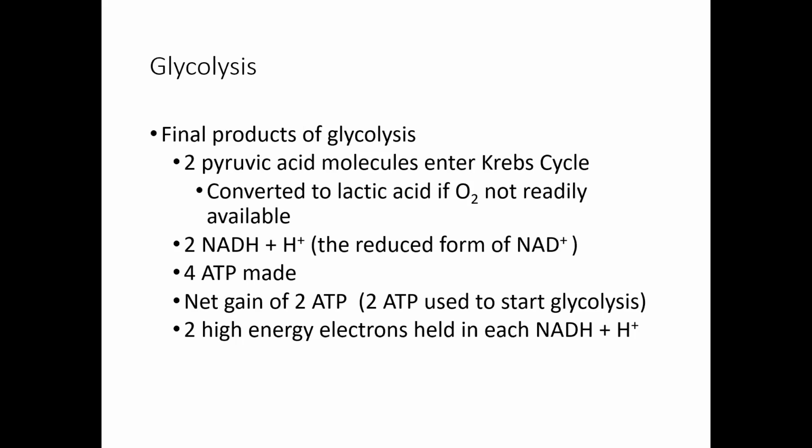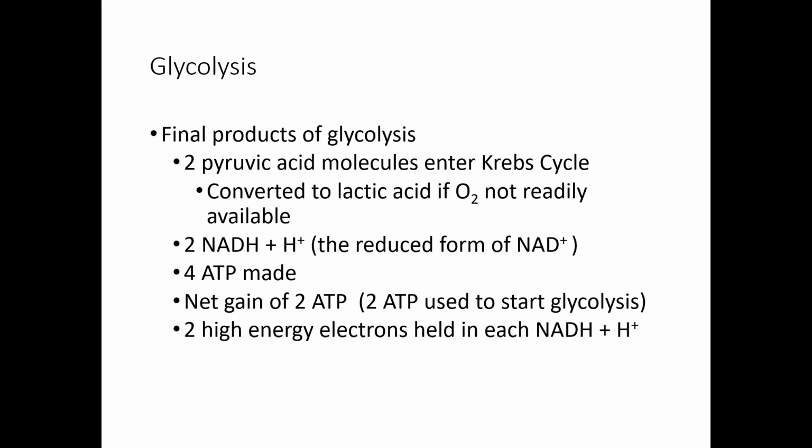You take 2 NAD pluses, and they accept it. As you break the bonds here, when the glucose is run through the dehydrogenase enzymes, you're breaking bonds to release energy for the ATP.